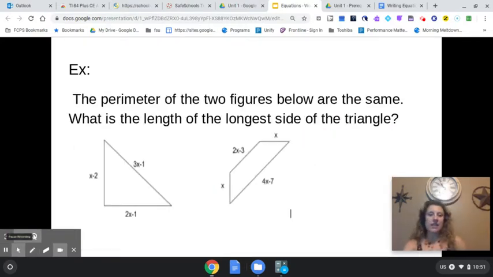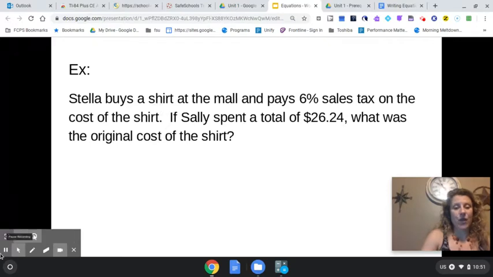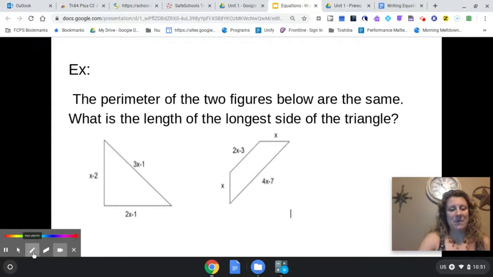Here's our next example, it says the perimeter of the two figures below are the same. What is the length of the longest side of the triangle? Okay, so keywords that we need to identify: perimeter. Hopefully we remember what perimeter means. There we go.